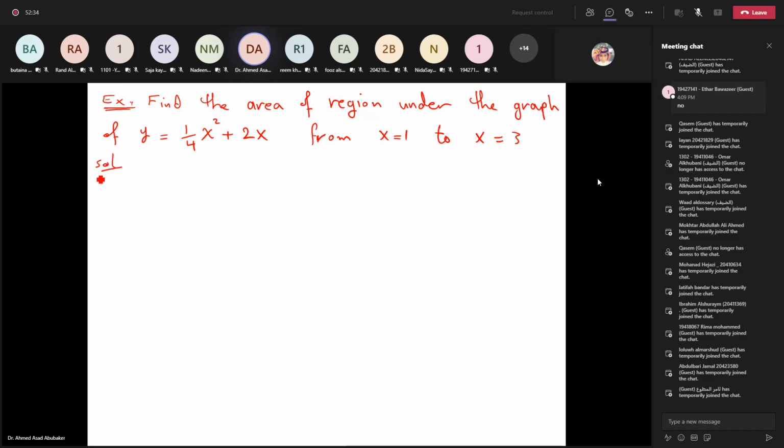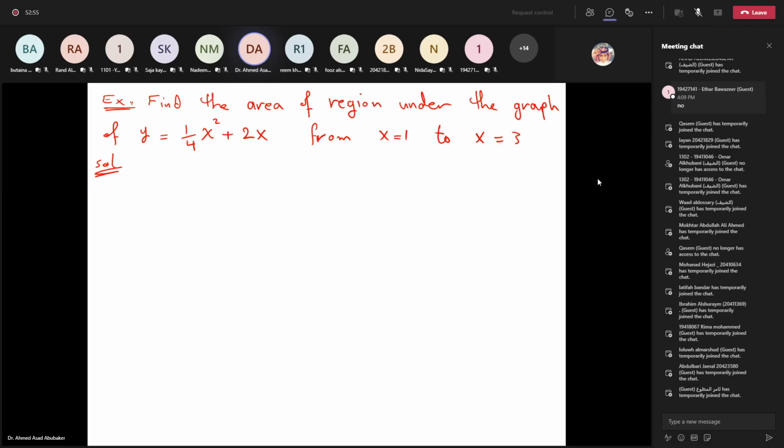The solution: if we need to find the area under any curve, we must find the x-intercept, or the intersection between the curve and the x-axis, or the zero of y. This is the same meaning.